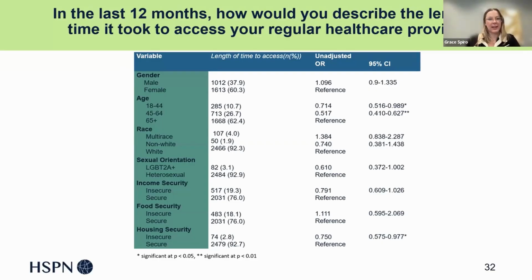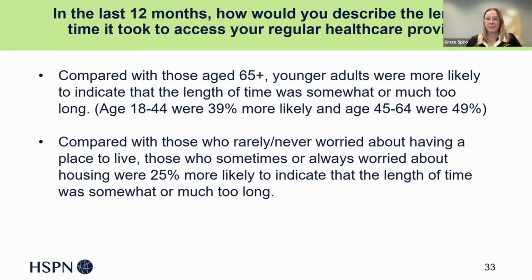So to illustrate that in a written interpretation, here we have the results. Compared to those who were 65 plus, younger adults were more likely to indicate that their length of time was somewhat or much too long. We see that those in the 18 to 44 age bracket were 39% more likely to report this, whereas those in the 45 to 64 age bracket were almost 50% more likely to report length of time as being too long.